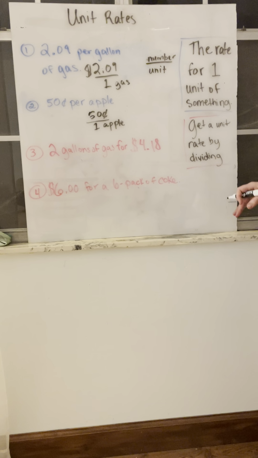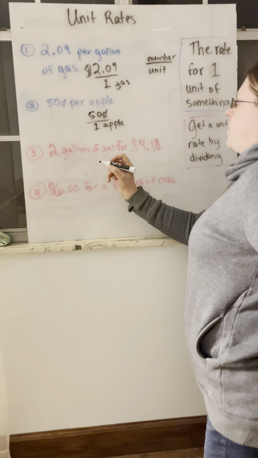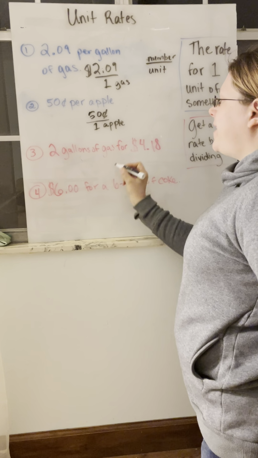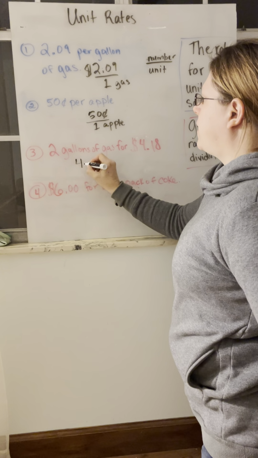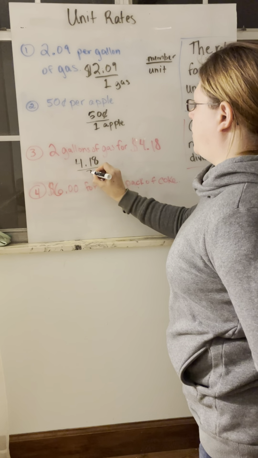Okay? The next kind of problem is to figure out what the unit rate is if it's not explicitly given. Number 3 says 2 gallons of gas for $4.18, okay? Well, we want to figure out what it is for 1 gallon of gas, right? So if 2 gallons of gas is $4.18, we can write that as a rate: $4.18 over 2.